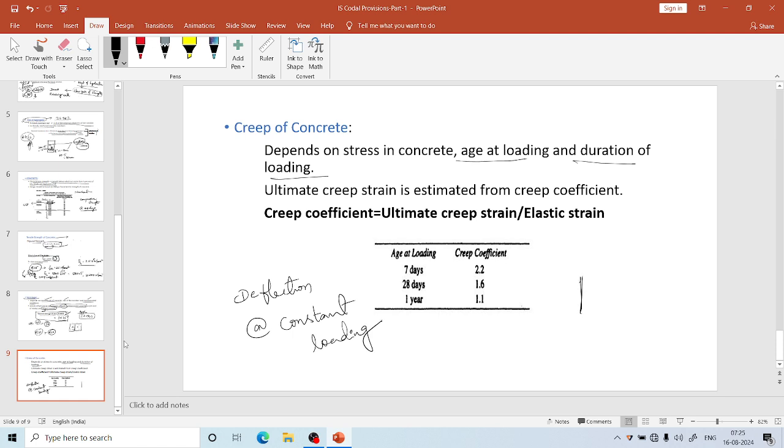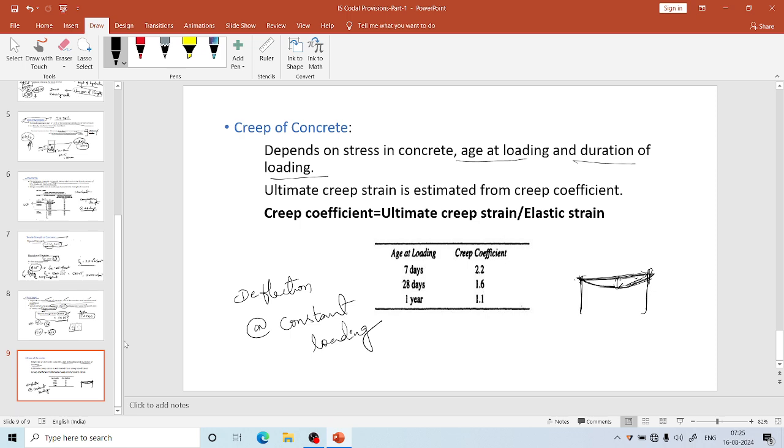Suppose there are two electric poles, and there is a wire here. When we tie this wire, it will be straight only. After a few years, it gains this sag and will appear like this. We are not adding any extra load, only the self weight of the wire remains the same, and after a few years it gains this shape.